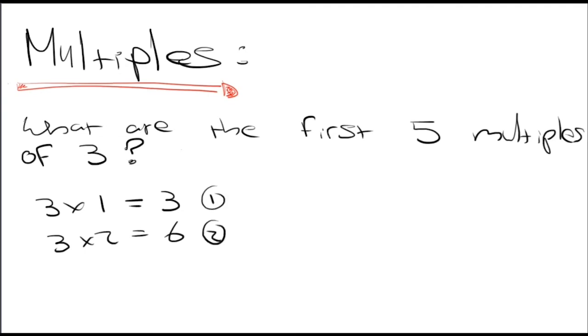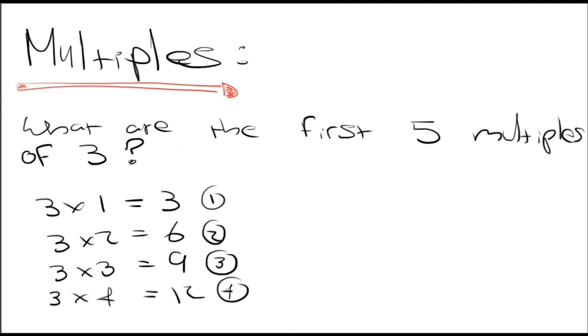So we've got our first multiple and our second multiple. 3 times 3 is 9, so we've got our third multiple now. We've got 2 more to go. 3 times 4 is 12, so that makes up our fourth multiple. And 3 times 5 is 15, so that is our fifth multiple.